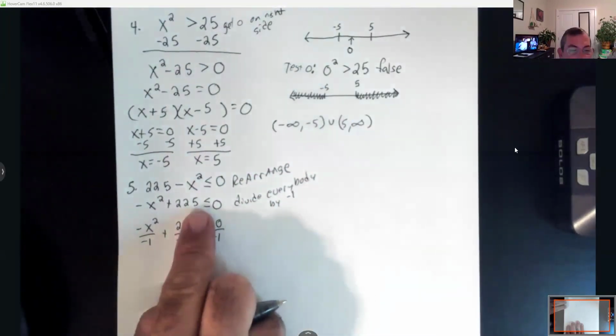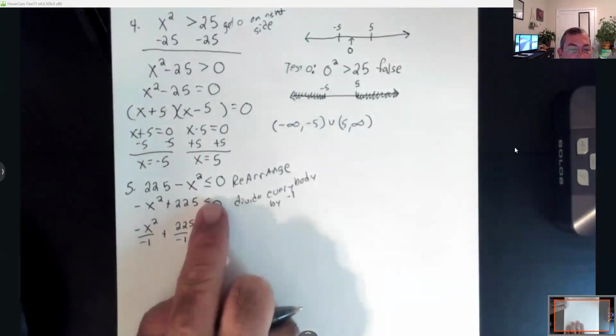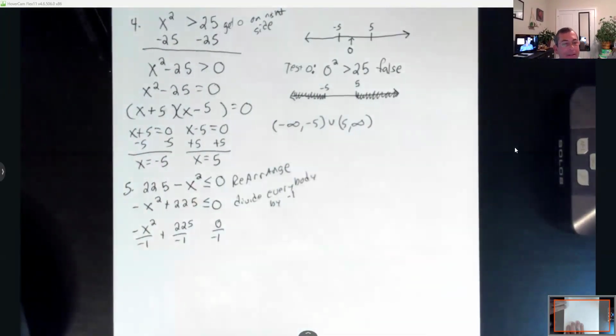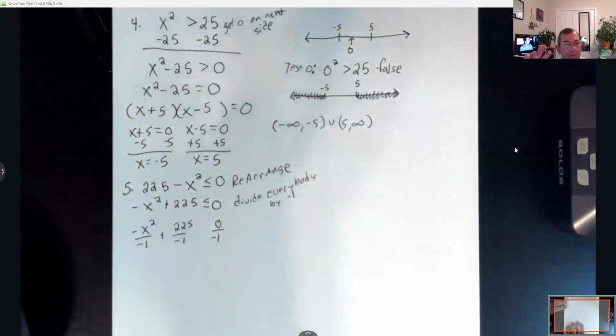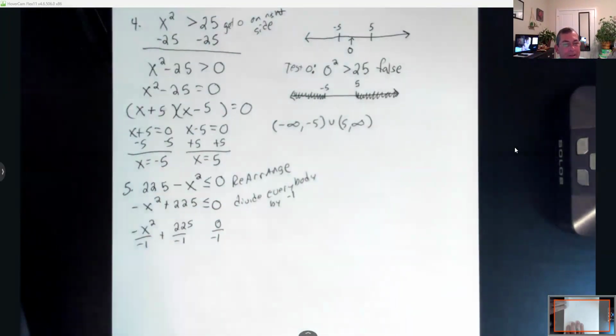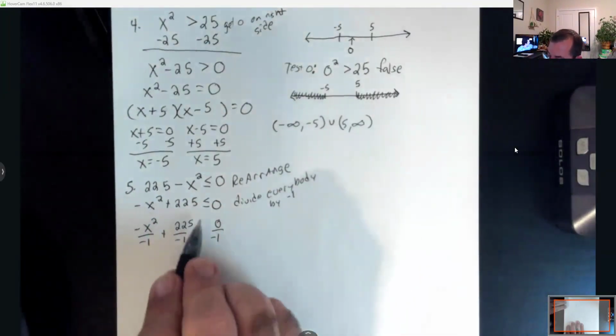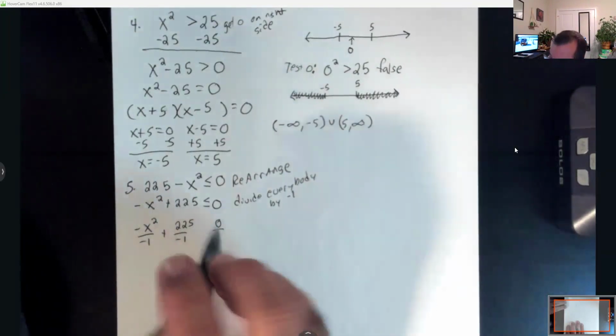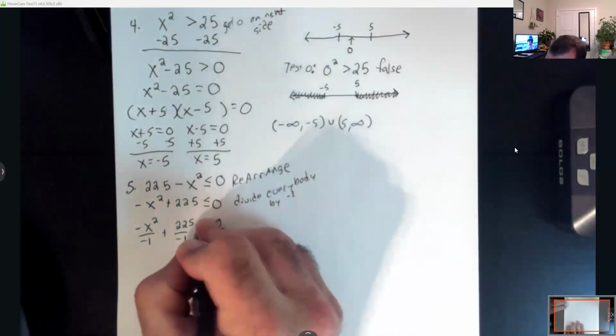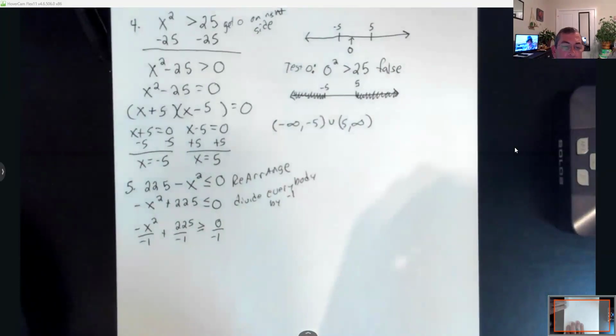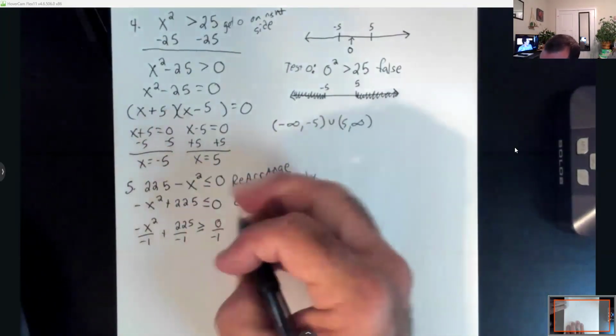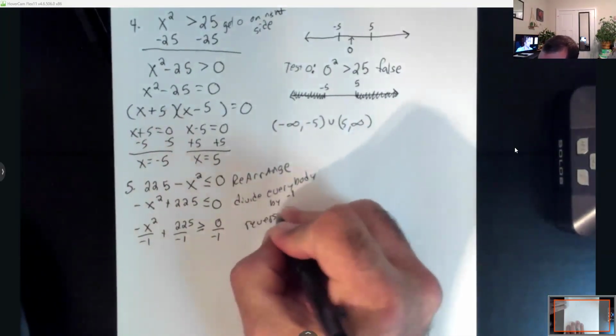So what are you doing to this thing right here since you're dividing by negative? Guess what? When we divide by negative, we reverse that inequality. So that less than or equal is now going to become a greater than or equal. So remember, reverse the inequality.